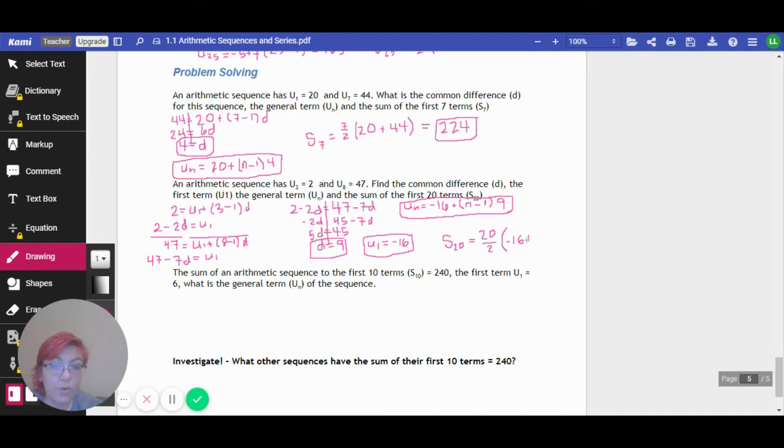However, I can find it quite easily by plugging in 20 for n in the general term. So negative 16 plus 20 minus 1 times 9, 155. So then, 20 divided by 2 times negative 16 plus 155 is 1,390.